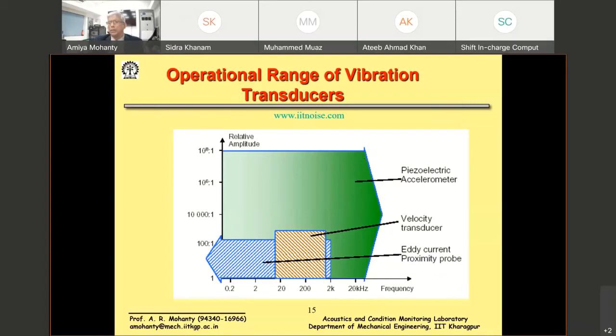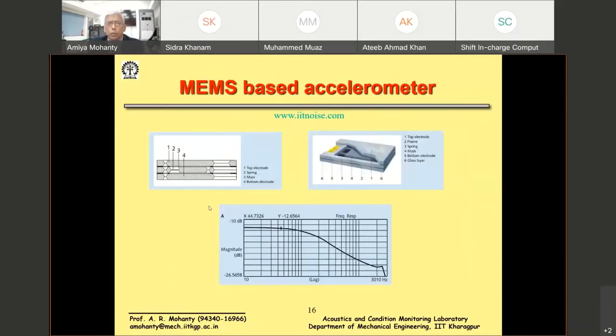Because deceleration rates can be measured, but they are all very low frequency phenomena, less than 3000 hertz. So today the technology is such that these MEMS-based accelerometers are becoming very, very popular. But I must caution machinery condition monitoring engineers who are using accelerometers for monitoring the health of turbines, gas turbines, very high-speed moving equipment.